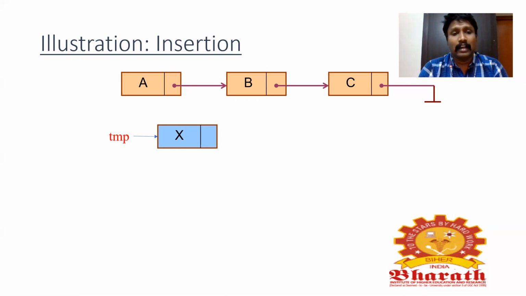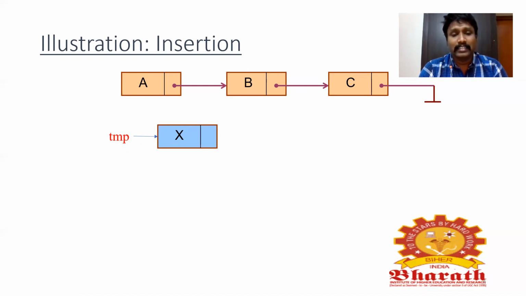The link will be created between 2 or more nodes together. As usual, the address of the new node should be shared between 2 different nodes, which are A and B. So this A node will be taking the address of the new node, and it creates a link between A and the new node.